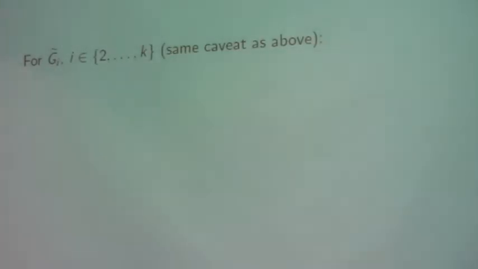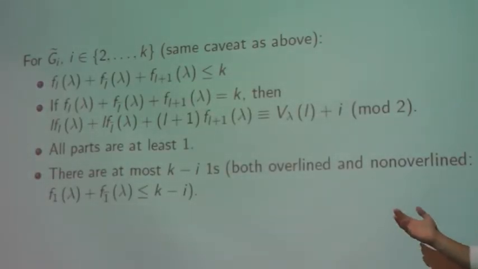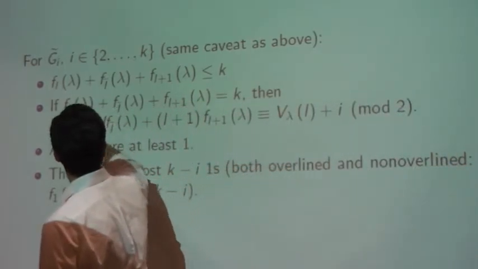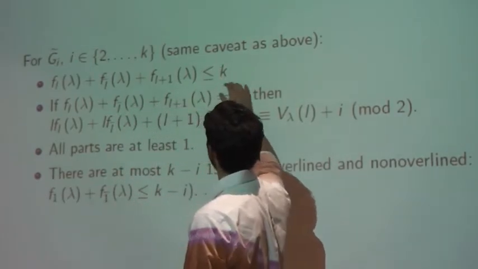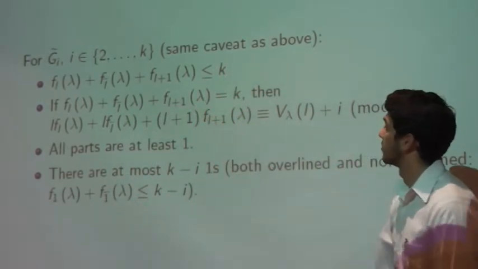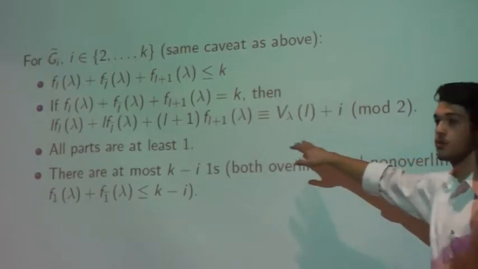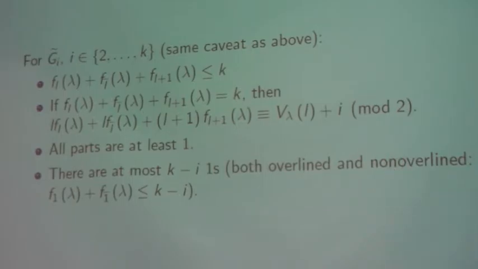Similarly, the ghosts now satisfy their own set of identities and recursions which look just like this. You can see that the pattern is similar. We have restrictions on the number of parts of a certain form, and they are all less than a value of k that is determined by the I there. And there's this congruence condition, which is true to the Bressoud theorem that titled this talk, so it had to pop up somewhere.